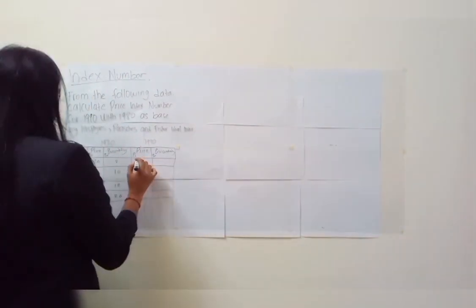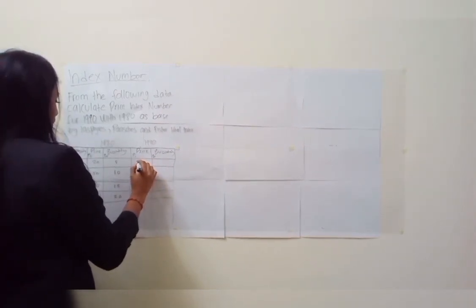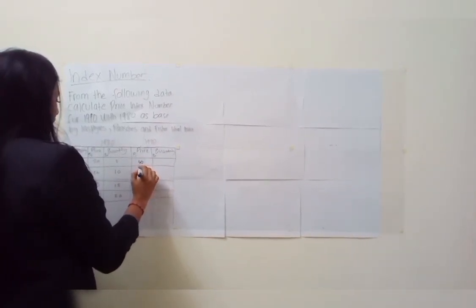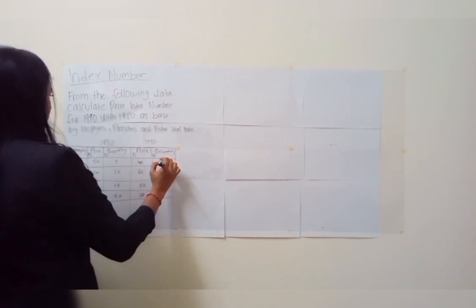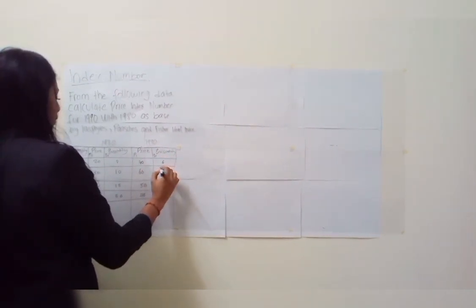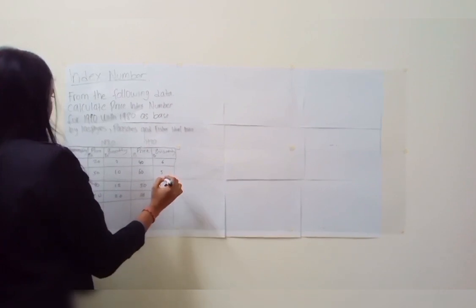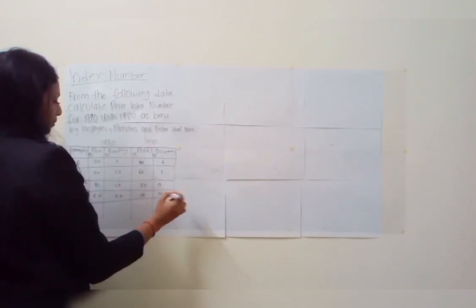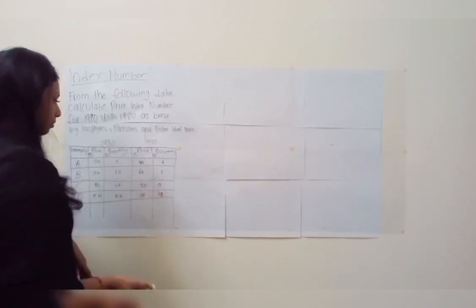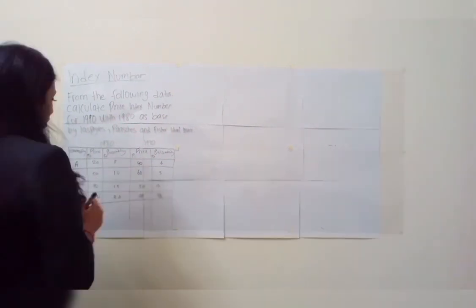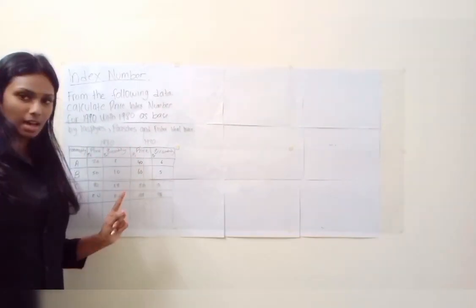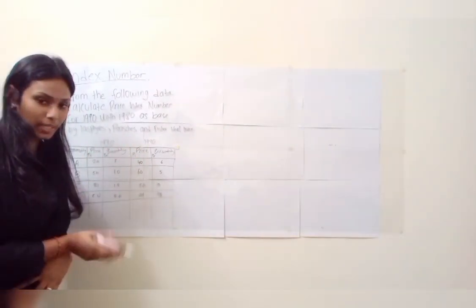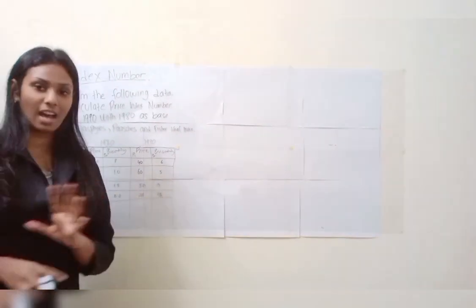So for here 40, 60, 50, 20. Here 6, 5, 15 and 25. So this is our data. Now let's calculate.